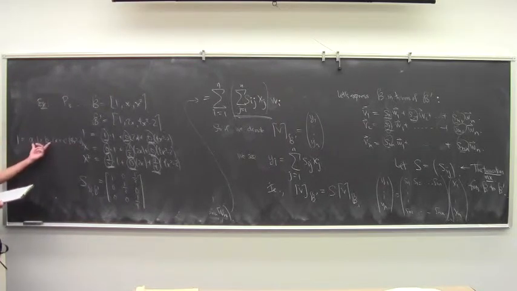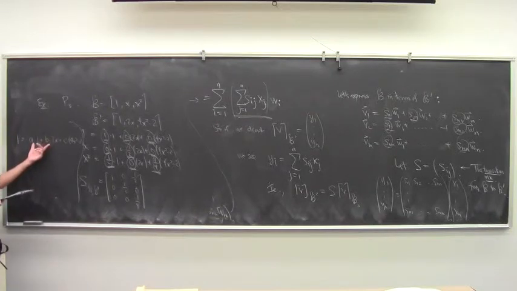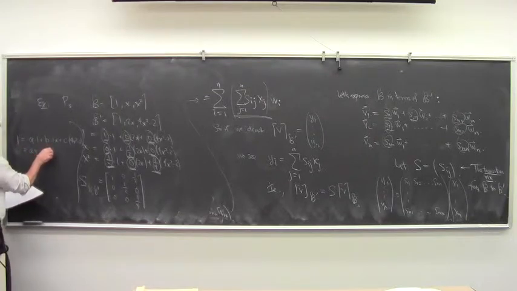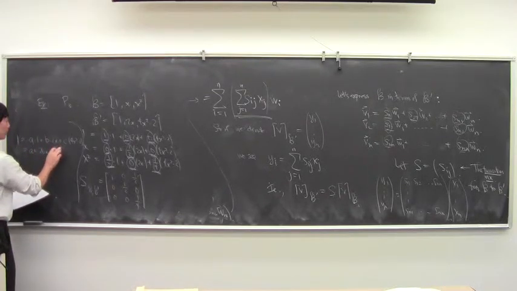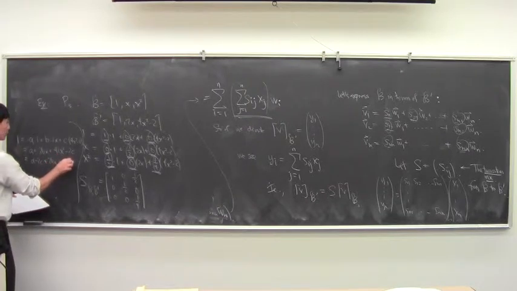And you're asking, how do we figure out what those numbers are? So this is going to be a plus 2bx plus 4c x squared minus 2c. That's to say a minus 2c plus 2bx plus 4c x squared.